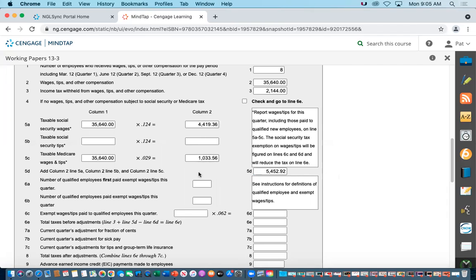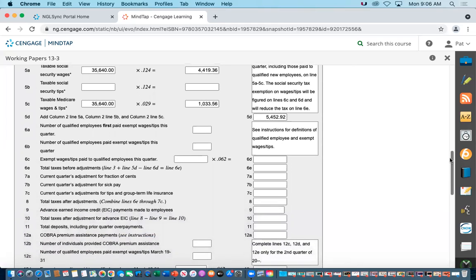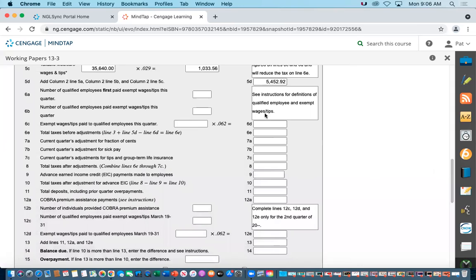Adding these two numbers up. We don't have any tips, so so far so good. Okay, now you can leave some of these things blank. They don't apply to us. Number of qualified employees, qualified paid exemptions. We don't have to worry about any of that.